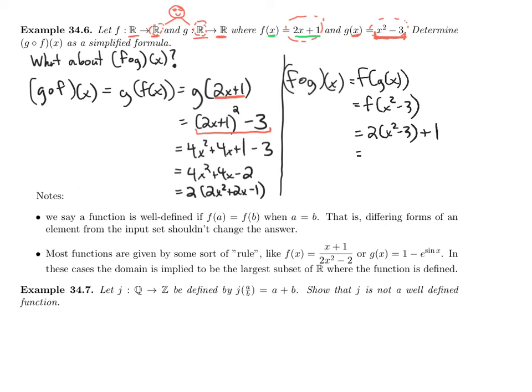We simplify this to 2x squared minus 6 plus 1, which is 2x squared minus 5. So there we go. We worked out both the composition g of f of x and f of g of x.